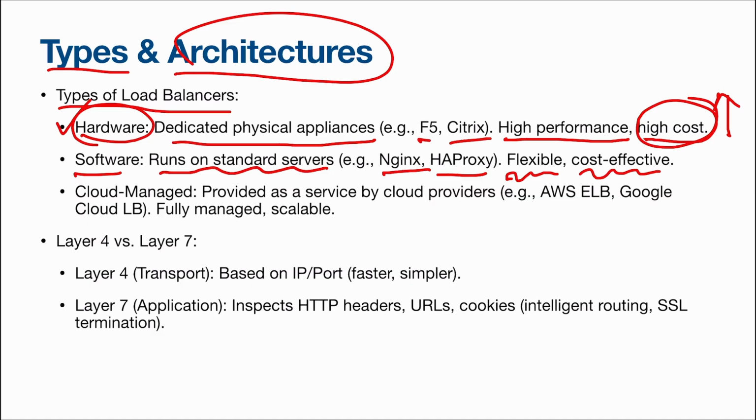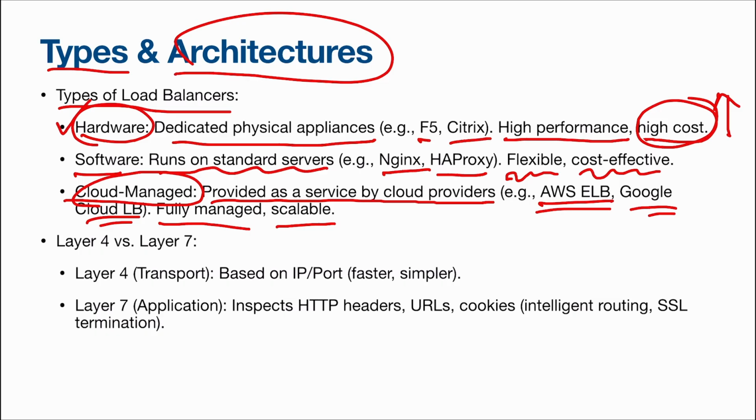And then we also have cloud managed load balancers, which are provided as services by cloud providers. For example, AWS ELB, Google Cloud Load Balancer. And these load balancers are fully managed and scalable. So the cloud service provider takes care of the implementation of the load balancer, and as developers or system managers, we don't need to worry about exactly what type of load balancer it is under the hood most of the time.